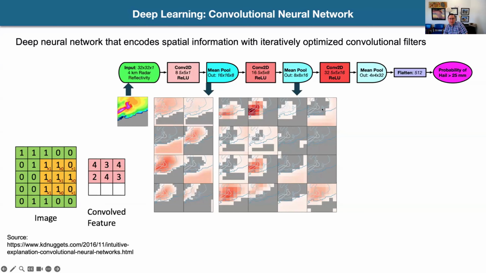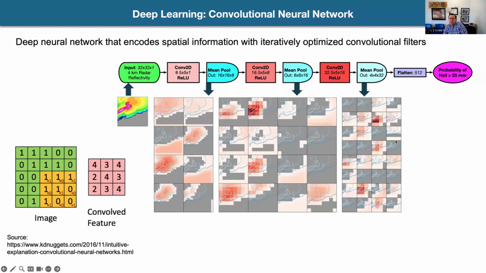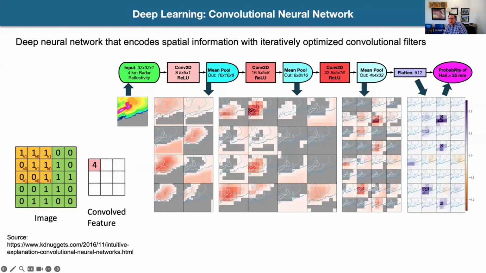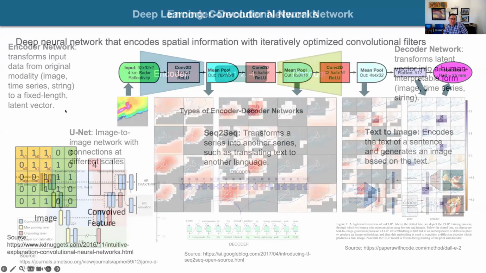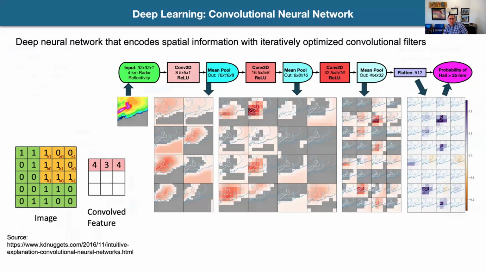And then as we go deeper into the model, we can learn more abstract combinations of these previous features to the point where we can then associate those with, say, the probability of severe hail or some other impact. In this case, it's keying in on this part of the storm, which is near the updraft, where the hail is likely to be occurring. So that's a basic convolutional neural network.